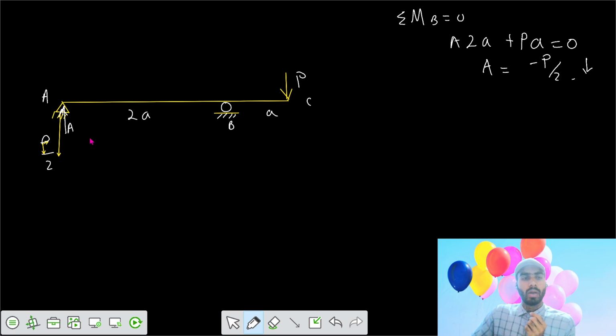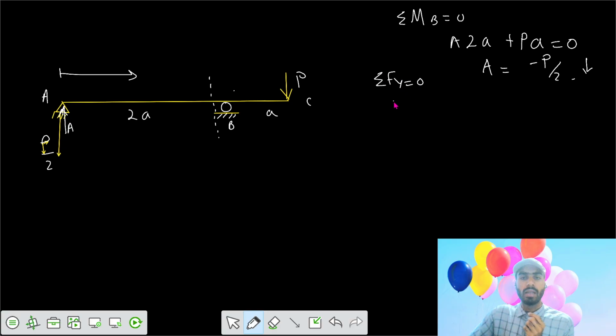So if you write at any x, say if you go from here, till point B there is no problem in the moment equation, because the moment equation is only a function of P by 2 into x. But after that you got that support B, there is some reaction. We can write summation of vertical forces equals to 0.